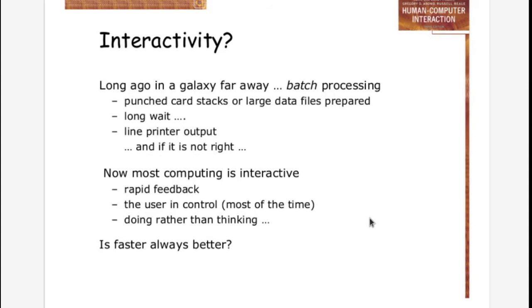Plus, when you pressed the button, it would give feedback maybe after 1 hour, after 2 hours. But now the interaction is very rapid. We can, in a minute, in a second, get the feedback from the computer.